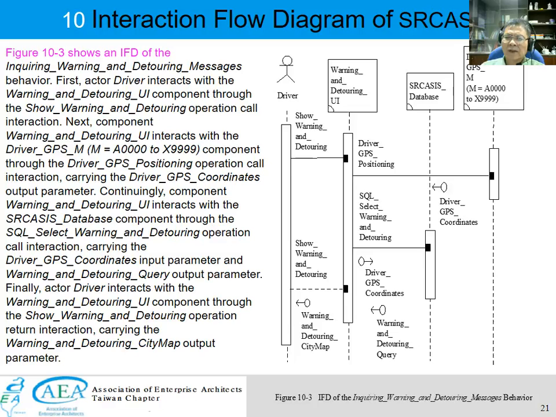The third interaction is the UI component will interact with the database component to get the warning and detouring query output data. The last interaction is the UI component will return the warning and detouring city map data to the driver actor.